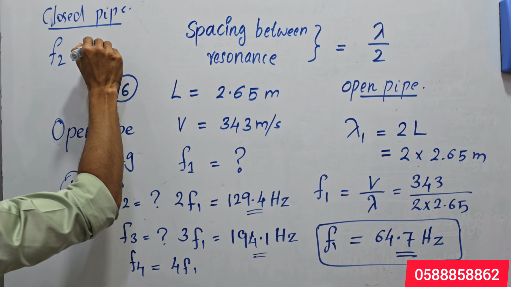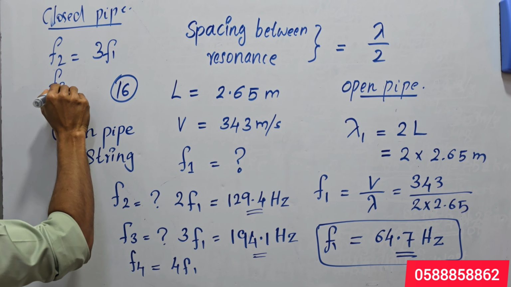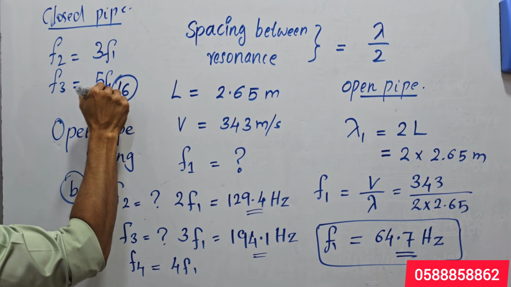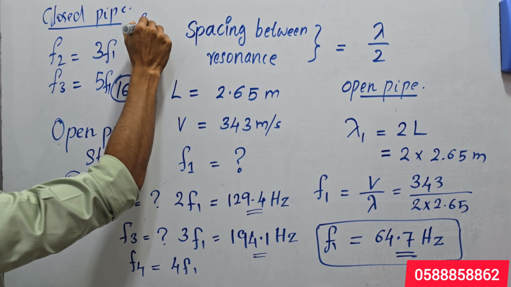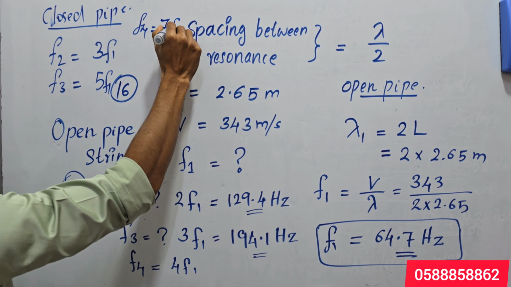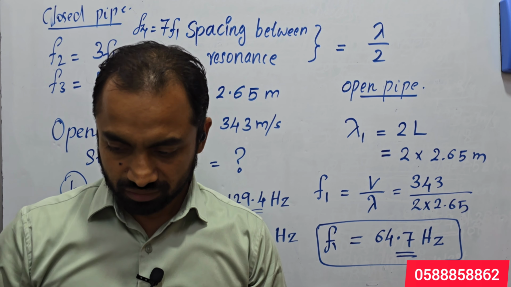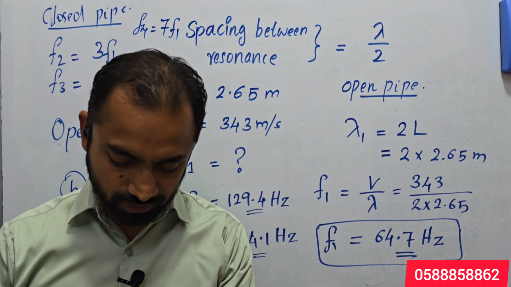F2 is 3 multiplied F1, odd number multiplied. F3 is 5 multiplied F1. F4 is the next odd number, 7 multiplied F1. Okay, done, students?